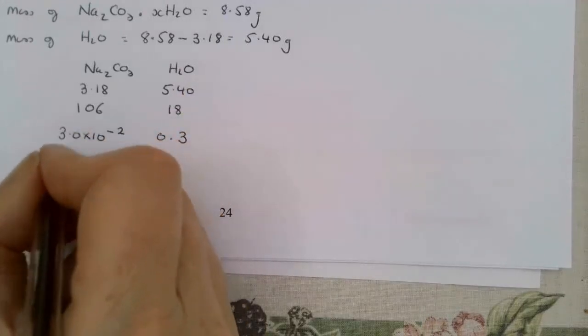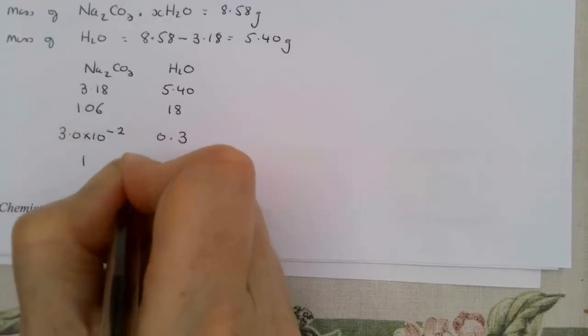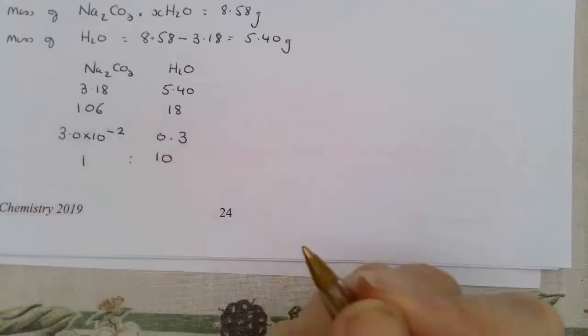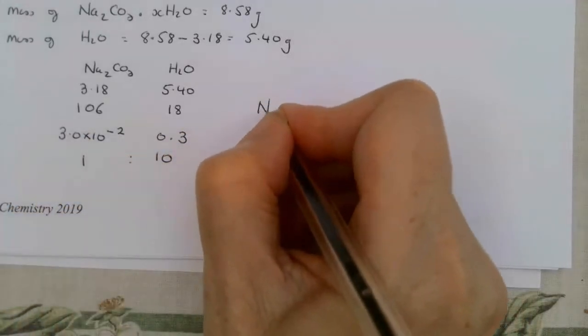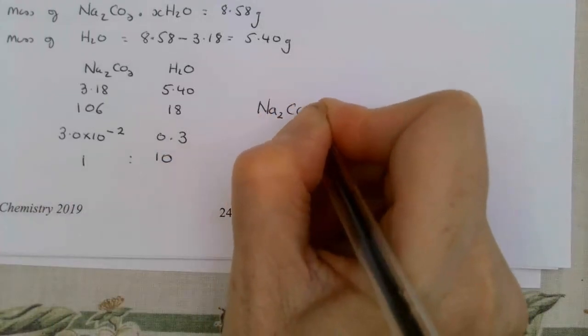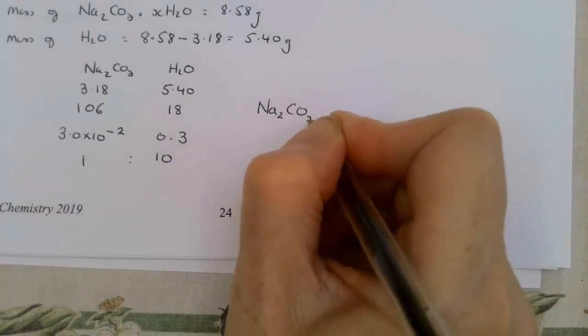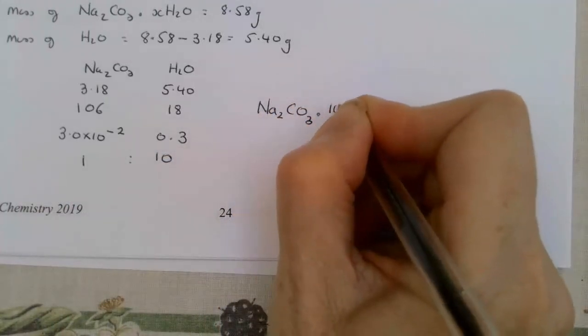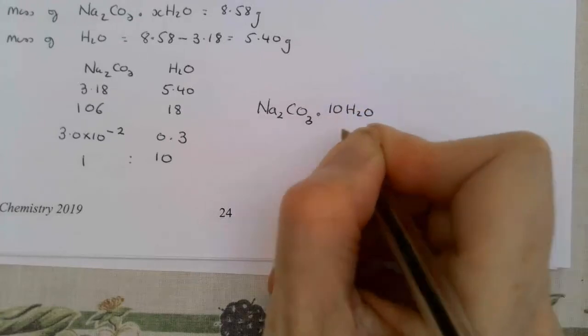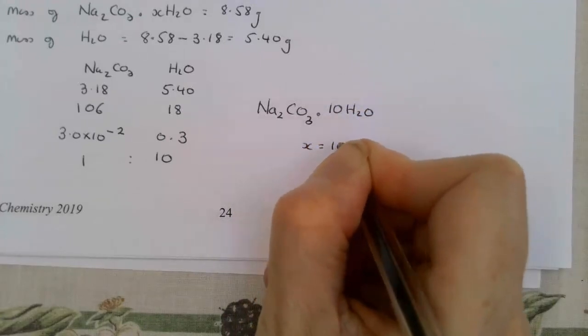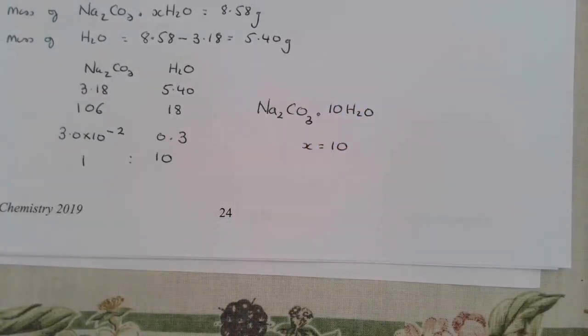Divide through by the smallest, which in this case is this number, and I get a 1 to 10. So therefore the formula of my sodium carbonate is Na2CO3.10H2O. In other words, X is equal to 10. And that's the last part I was asked to do.